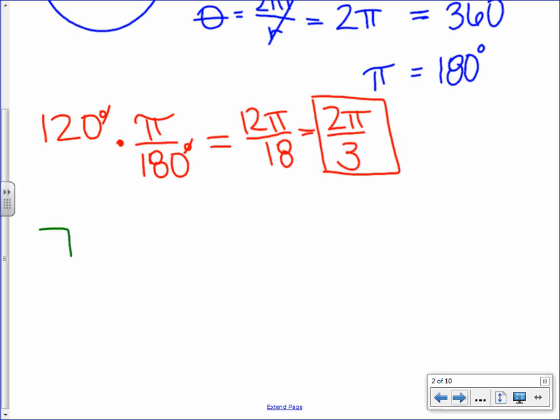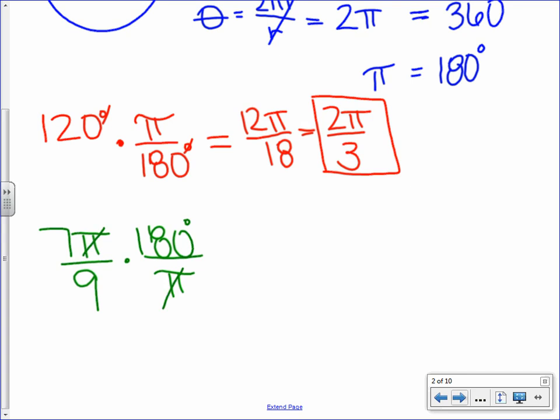Okay, let's go the other way. 7 pi over 9. If I want to know what that is in degrees, how are we going to convert that? Let's multiply by 180 degrees over pi. So we now have degrees.